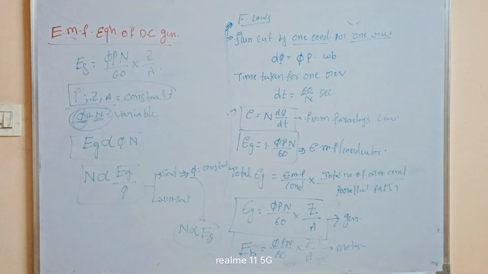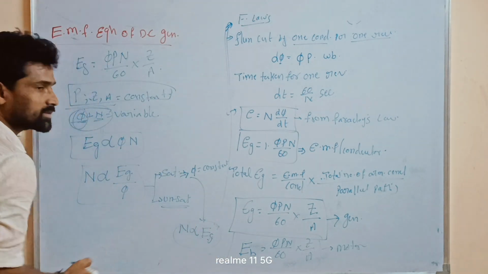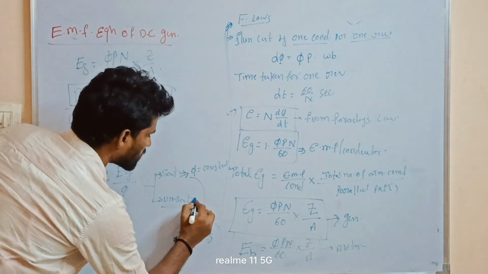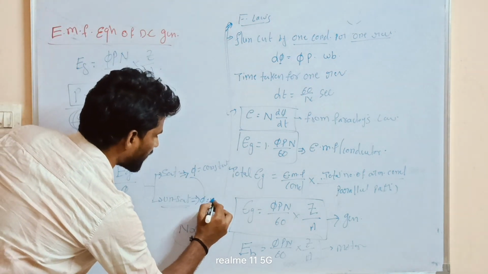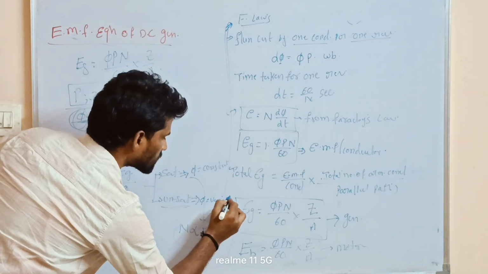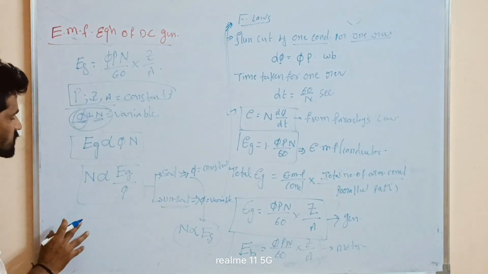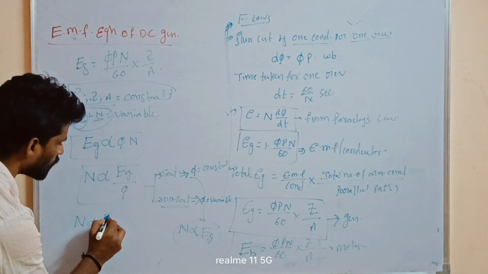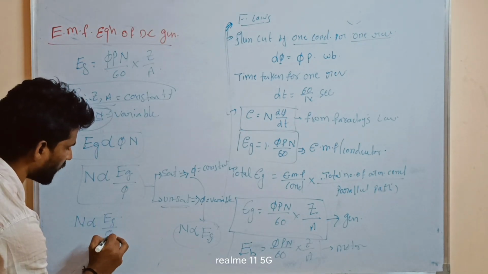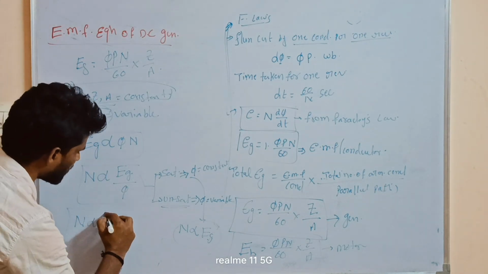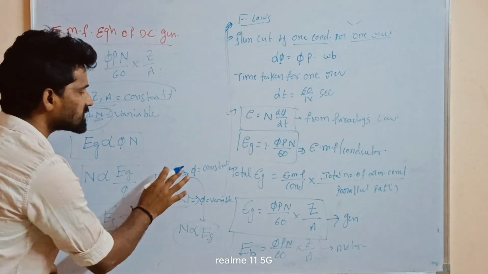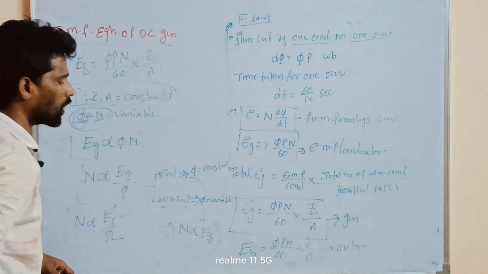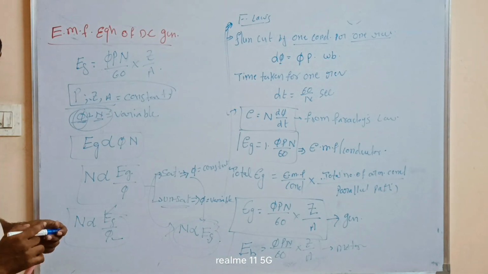In the unsaturation case, the flux is not constant, the flux is variable. In that case, the speed depends on both Eg and Φ. But when the flux is constant, in the saturation condition, speed depends only on the induced EMF.